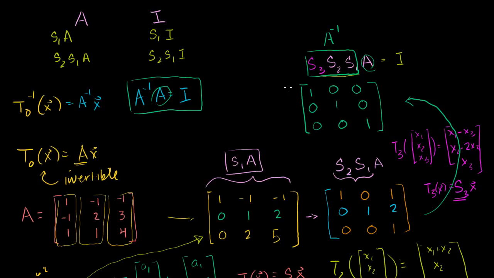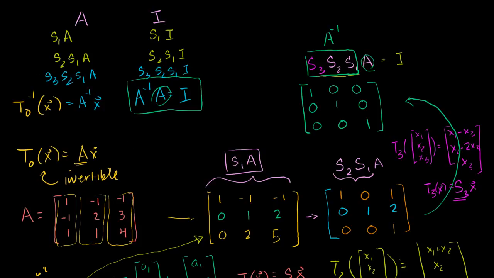Our last row operation we represented by multiplying by the matrix S3. So you have S3, S2, S1 times A, and if you perform the same exact row operations on this guy right here, you have S3, S2, S1 times the identity matrix.